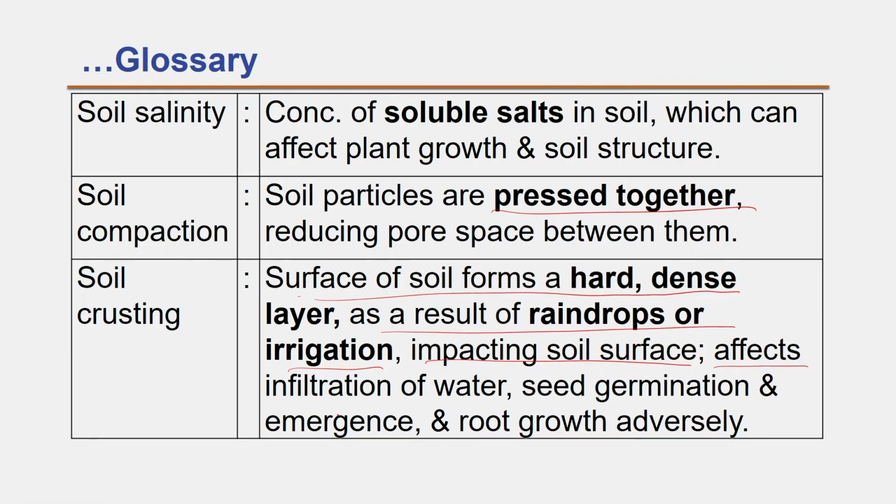It affects infiltration of water, seed germination and emergence, and root growth adversely. Soil crusting usually happens when there are rains, and that can make the soil crust, which is not really good for the plant. The germinating seedling may have problems emerging, and there may be restriction on root growth also.